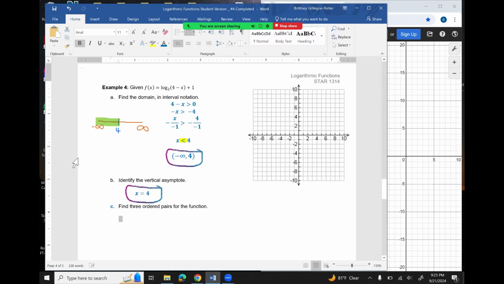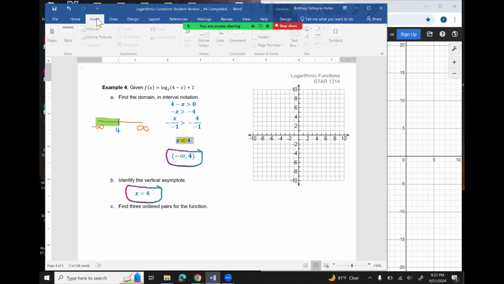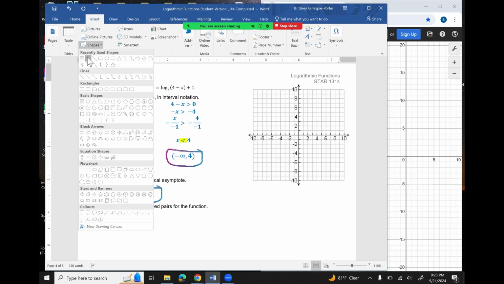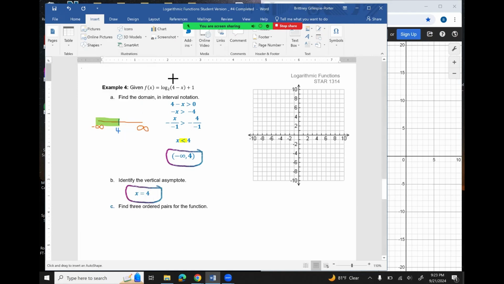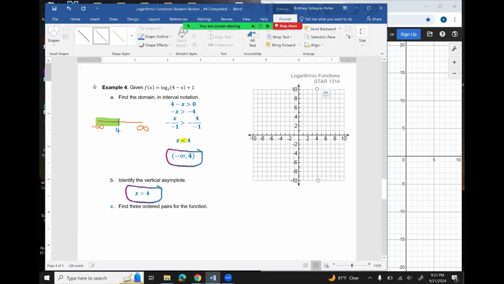All right, so that means that when we are looking at our graph, we can already go ahead and graph our vertical asymptote at x equal to positive 4.